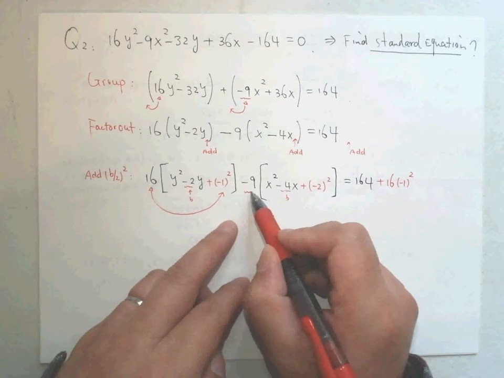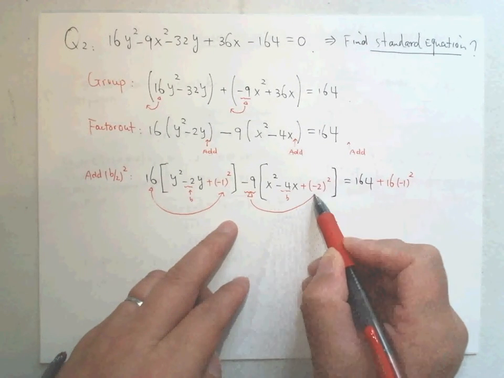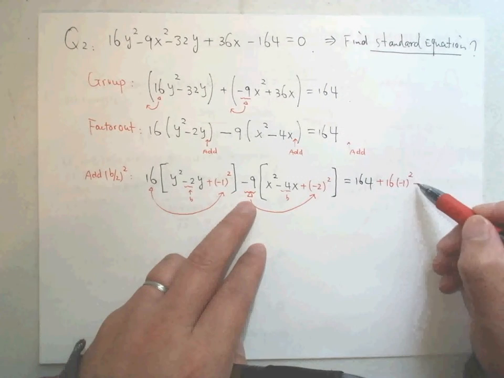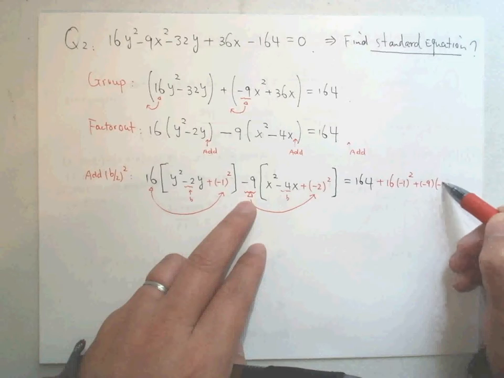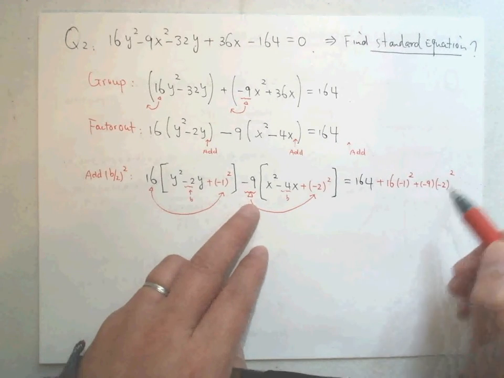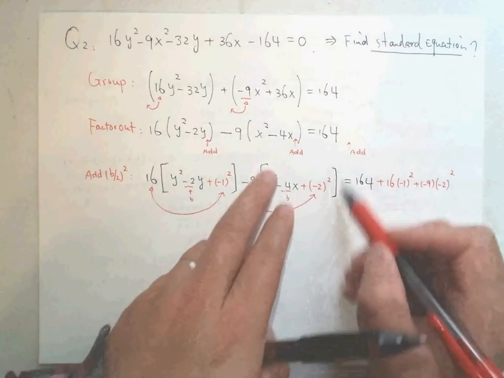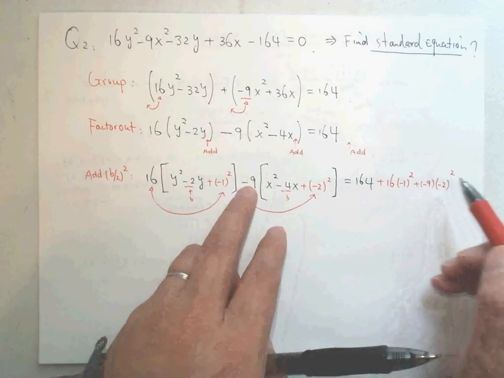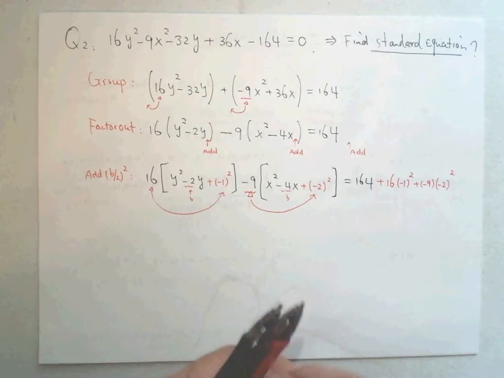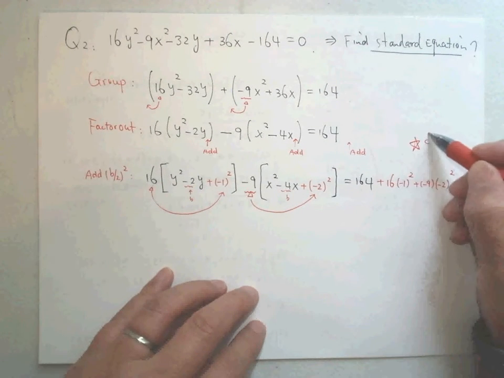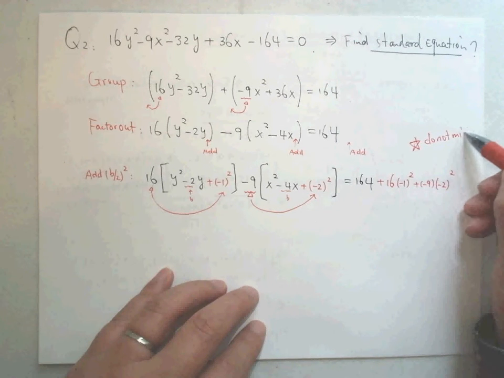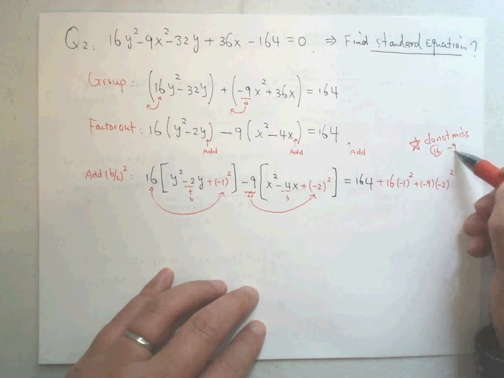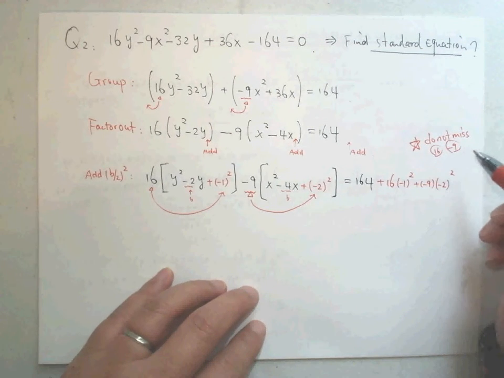Negative 9 distributed to there means you add negative 9 times negative 2 squared. You not only add this, you add it in the parenthesis. When you cancel the parenthesis, you get negative 9 times negative 2 squared on the left, so you add the same number to the right. This is very important. Do not miss the coefficient, like the 16 and the negative 9. It's very easy to miss this part.